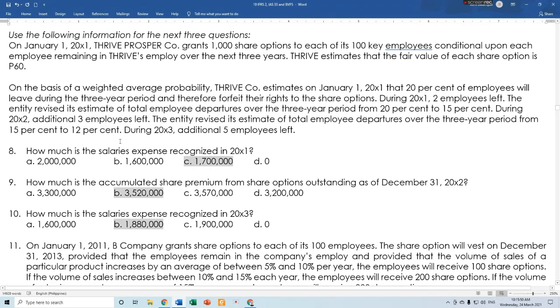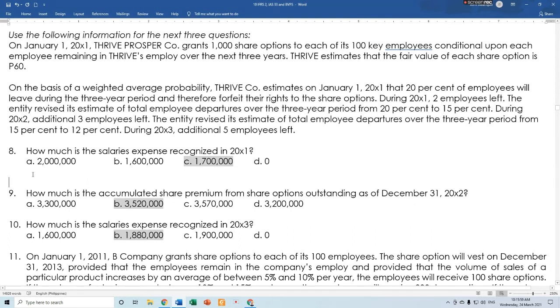Okay. So, ang gagawin natin is, compute muna natin dito. Paano natin i-compute yung item na yan? Meron tayong ibibigay na 1,000 share options multiplied by 100 employees, di ba? Pero ang problema natin, hindi 100 yun. Kasi ang sinabi, during 20X1, dalawa yung umalis, tapos the entity revised its estimate of total employee departures over the 3-year period from 20% to 15%.